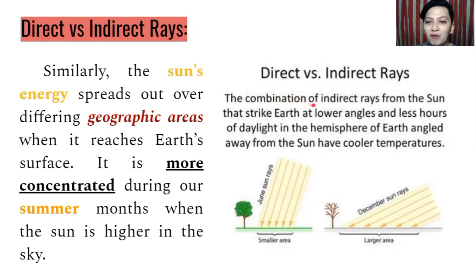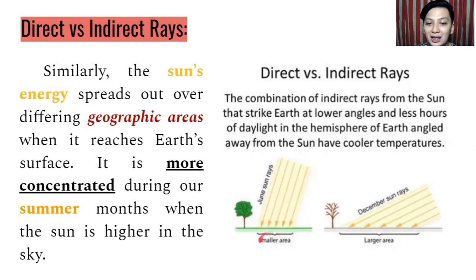So the combination of the indirect rays from the sun that strike Earth at lower angles and less hours of daylight in the hemisphere of Earth angled away from the sun have cooler temperatures. So during June, you will see the sun rays at this angle.